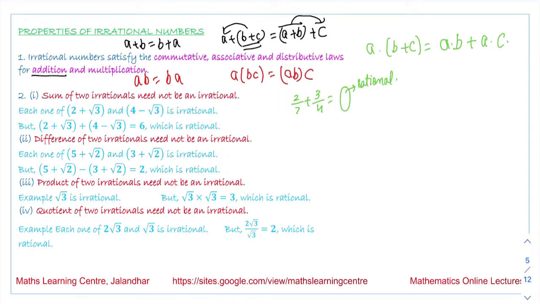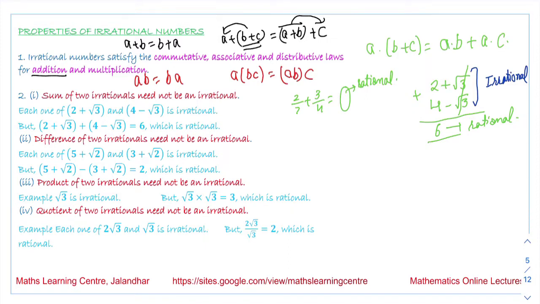But if we have two irrational numbers, 2 plus square root of 3, and 4 minus square root of 3, then if we add these two numbers, the square roots get cancelled and we are left with the answer 6, which is a rational number. So these two numbers are irrational and this number is a rational number.